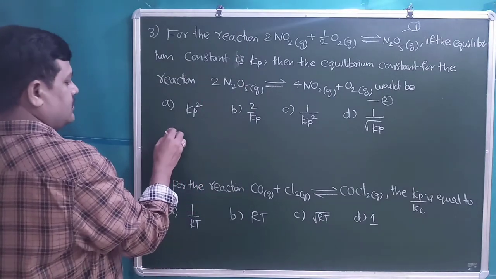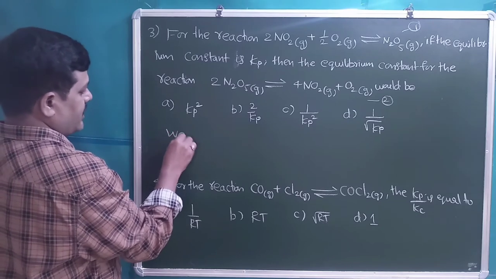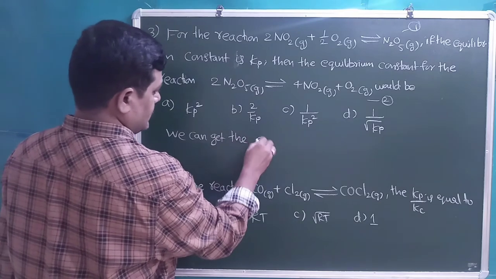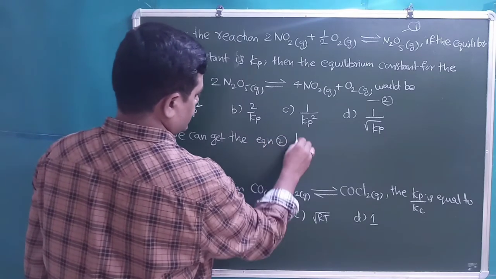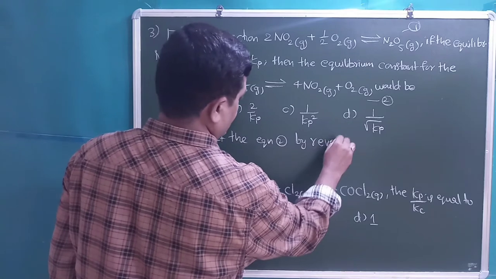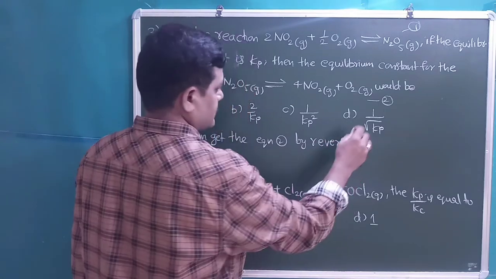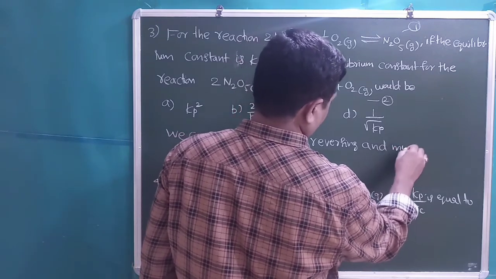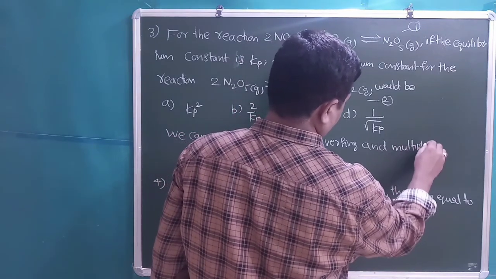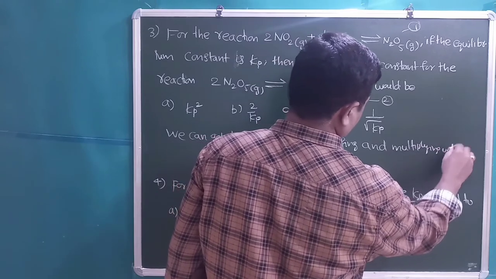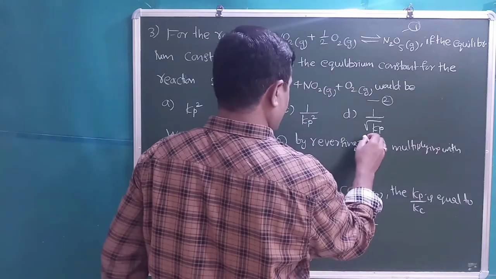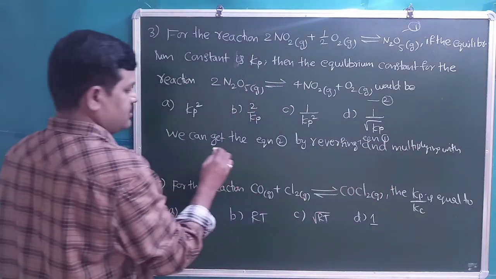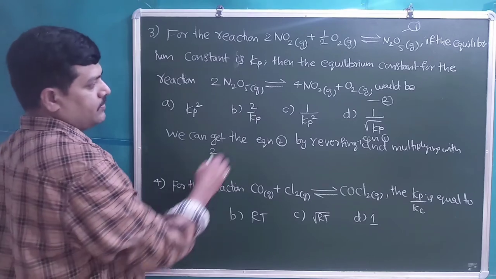Then we can get equation 2 by reversing equation 1 and multiplying with 2.